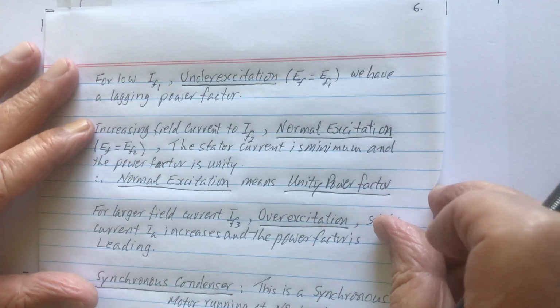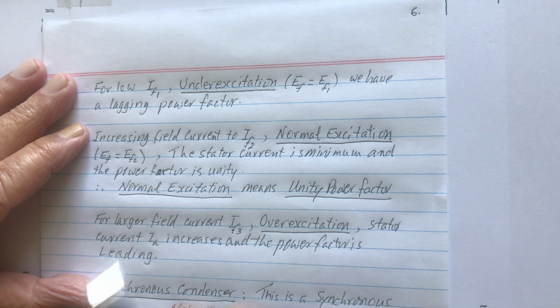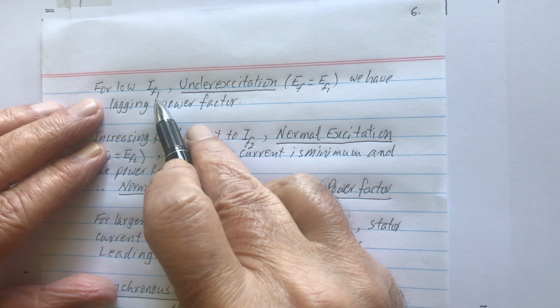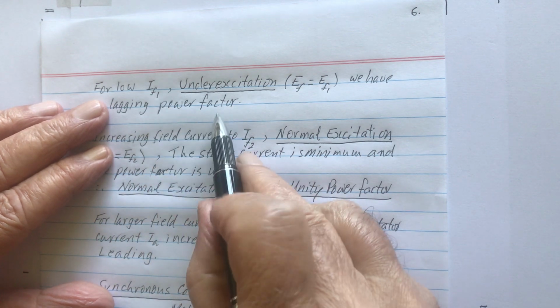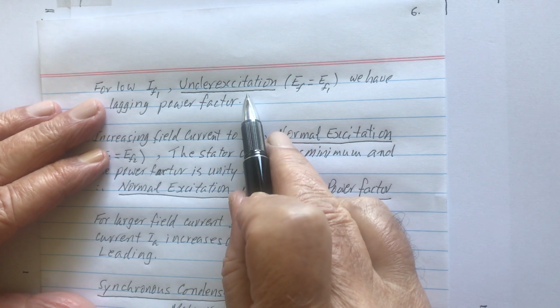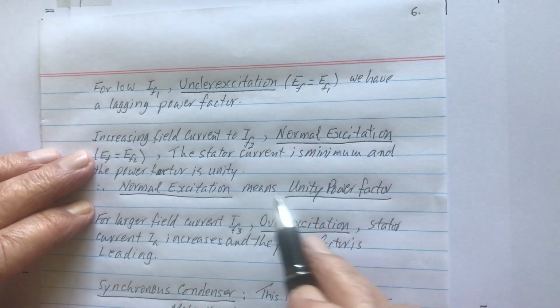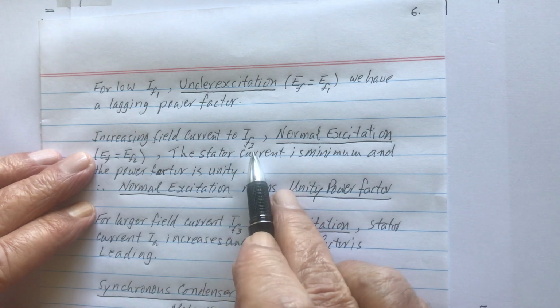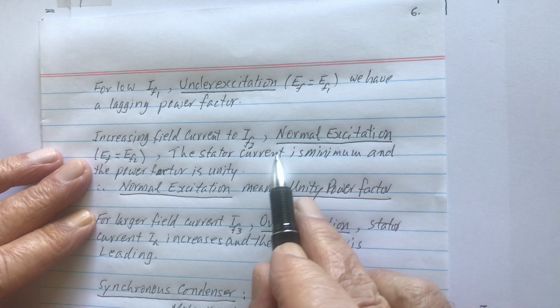The main thing you have to understand from the V curves is that for low field excitation, IF1 field current, this is called under excitation, and we always have a lagging power factor. Increasing the field current to IF2 gives us what's called normal excitation.